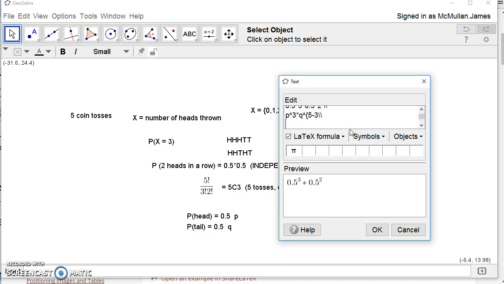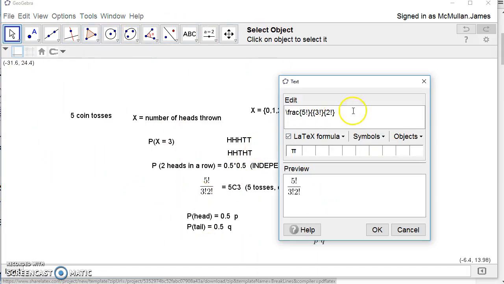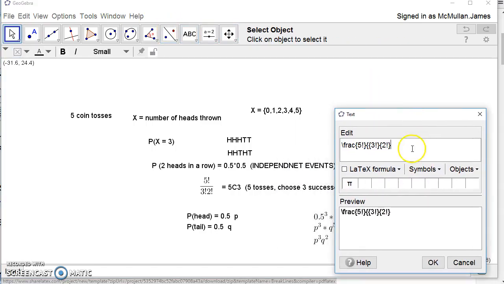Which is the same thing as p cubed q squared. So what we end up with here, to finally finish this one, is this part of the equation times p cubed times q squared.